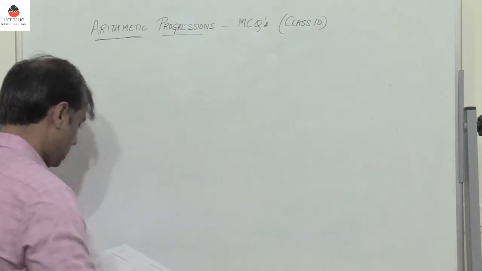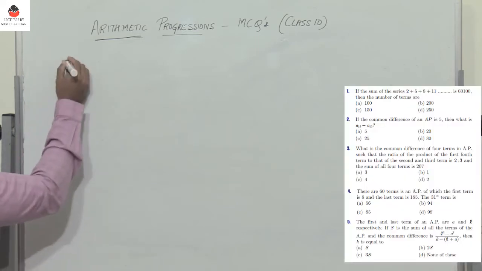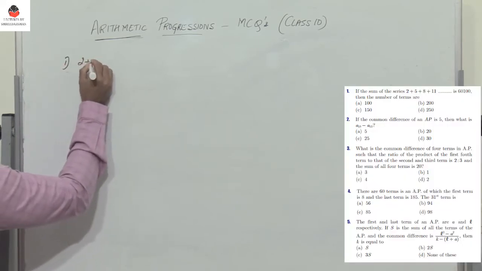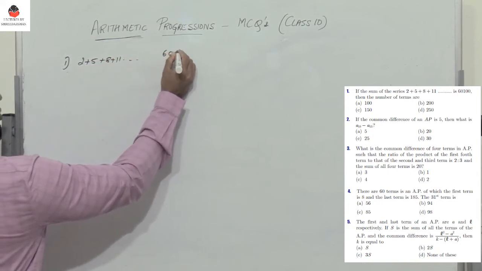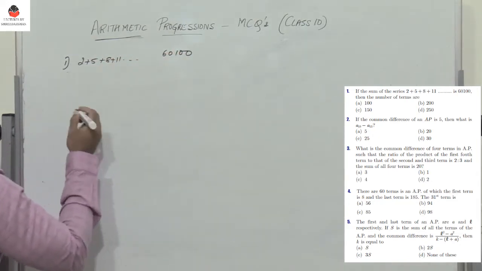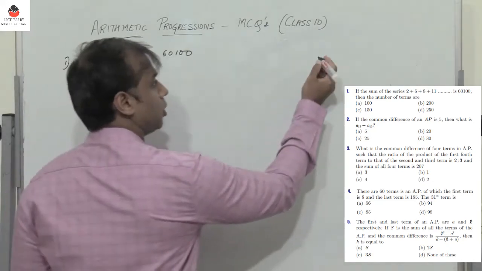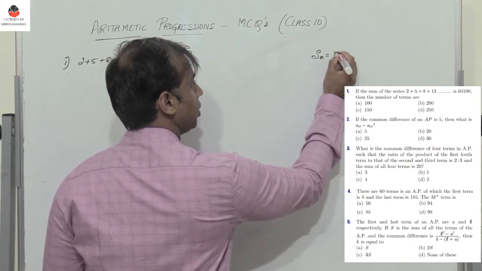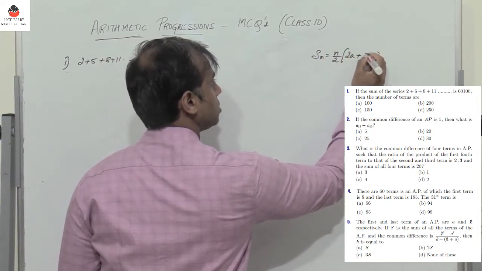The first question states that if the sum of the series 2 plus 5 plus 8 plus 11 and so on is 60100, we need to find the number of terms. Now let me list the formula here. Sn is equal to n by 2 into 2a plus n minus 1 into d.